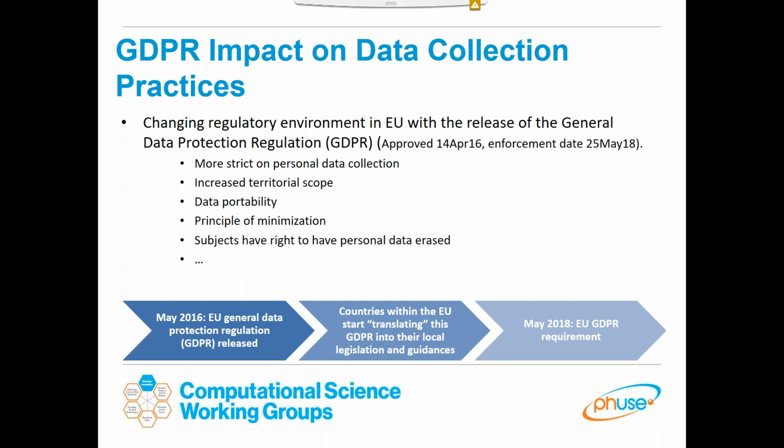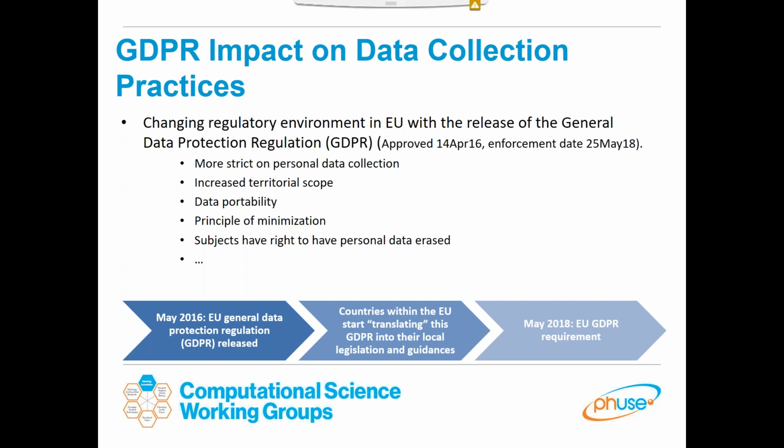They also speak, and I'm just very high level here, about an increased territorial scope. So we're looking at trials not carried out by companies in the EU, but this speaks about all trials that have EU subjects in their trials or on their sites that need to be in line with this new regulation.